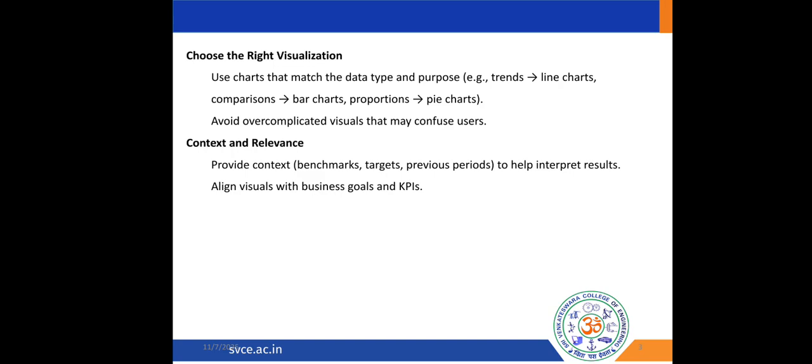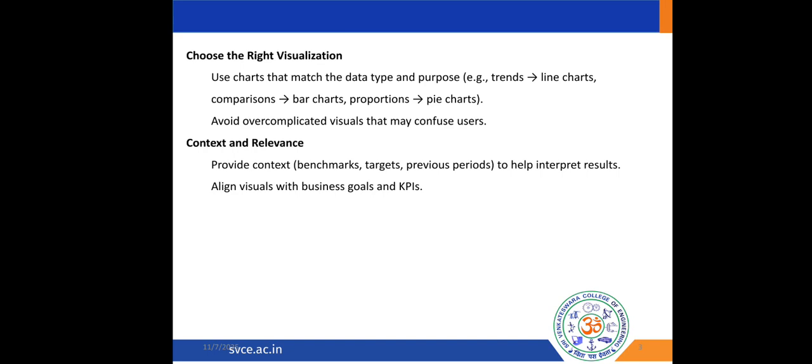For map visualization, the data would be geographical data. For tree map, the data is in the format of hierarchical data. And for scatter plot, the purpose is showing relationships. And for combo chart, it is for multiple variables.